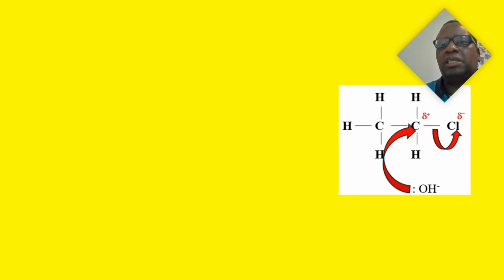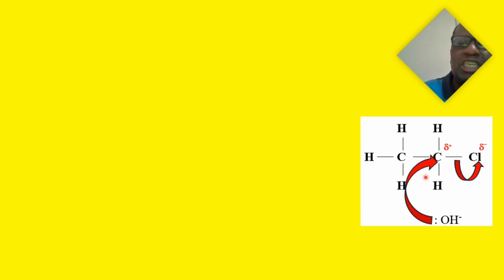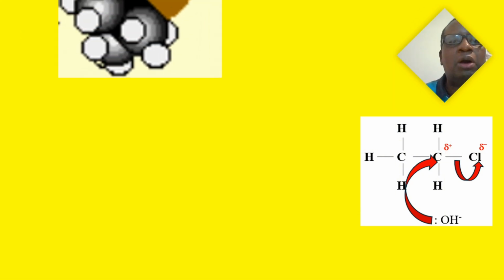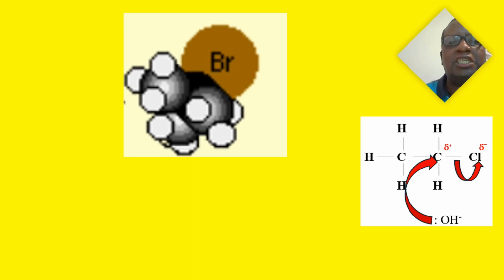Now then, in primary haloalkanes, this is considered to be one step. As the nucleophile attacks the positively charged center, that carbon-halogen bond breaks. Now let's look at your tertiary haloalkanes. That's an example of a tertiary haloalkane. We can see there's a methyl group there, and a methyl group there, so there is no room for your nucleophile to attack the positively charged carbon atom.